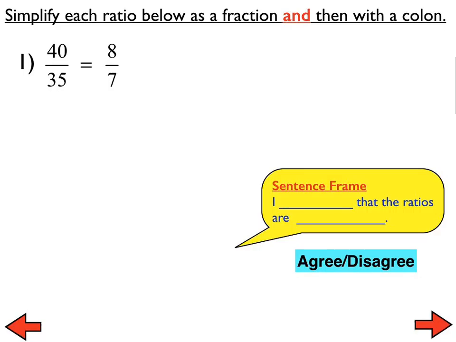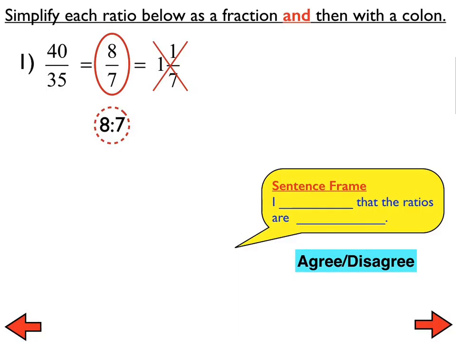What does it say? Comparison of two numbers. So right now I have 8 compared to 7, right? That's a ratio. If I make it 1 and 1/7, is this still 2 numbers? No, so this is not a ratio. You need to leave it as 2 numbers, 8 to 7 or 8:7, okay? A ratio is a comparison of 2 numbers, so don't make it a mixed number.